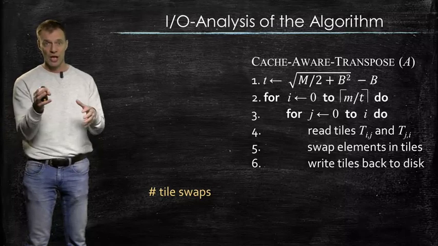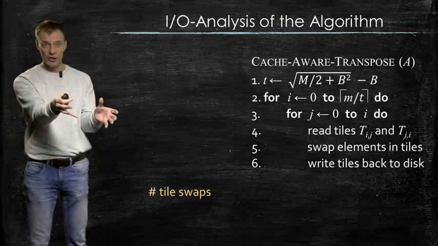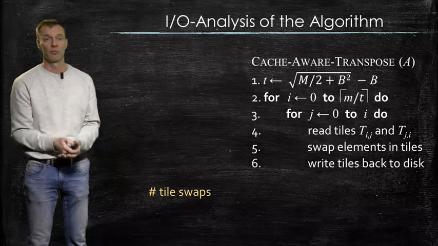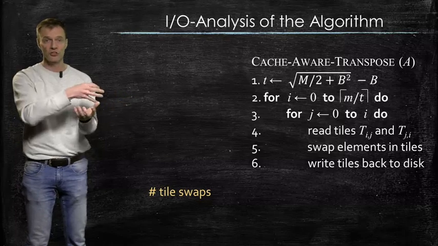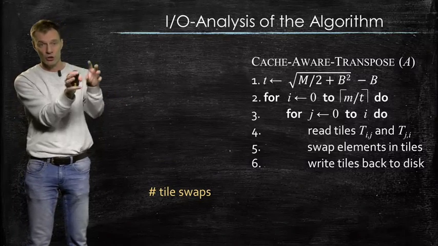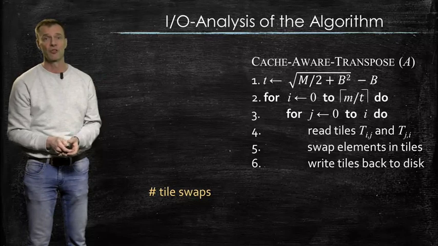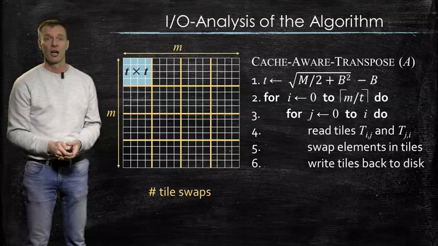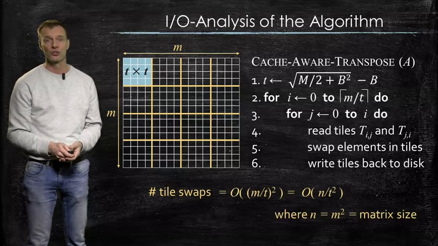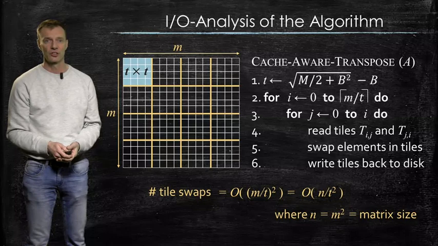So now the question is, how many times do I actually read a pair of tiles and swap them? Well, each tile is read once, right? Then swapped with its opposite tile, or maybe for the ones on the diagonal, it's swapped with itself. So the number of tile swaps is simply the number of tiles that we have, divided by 2 at most. So this is this number, right?